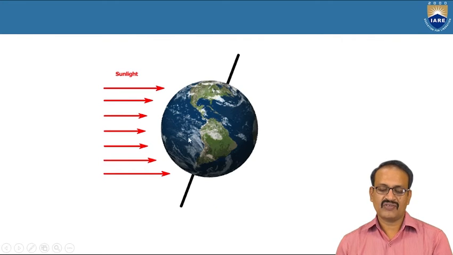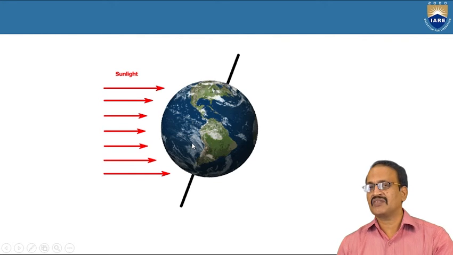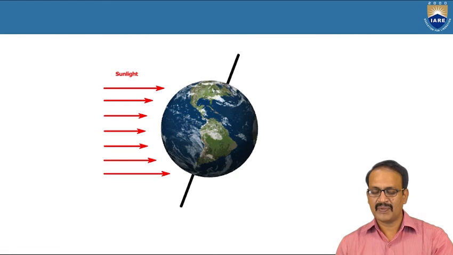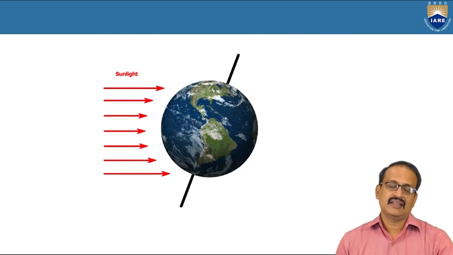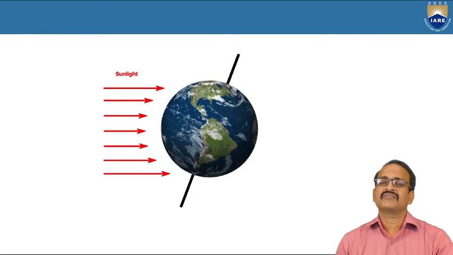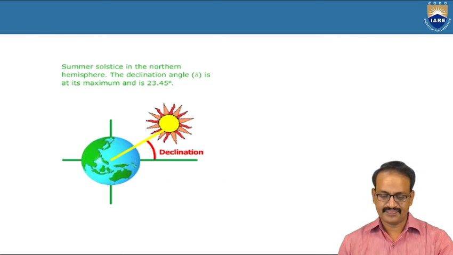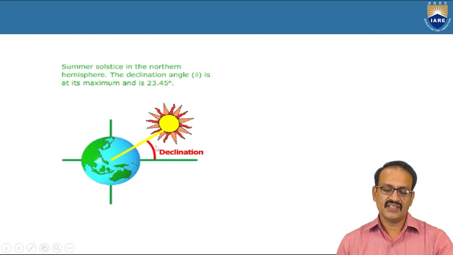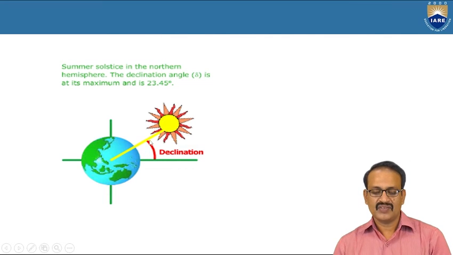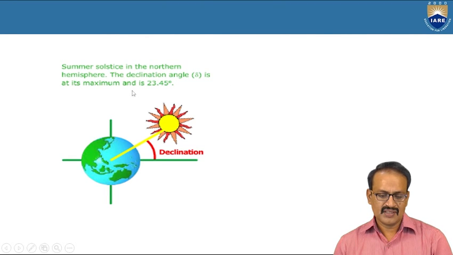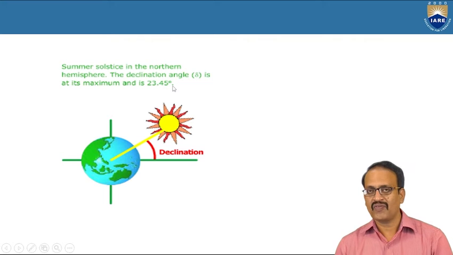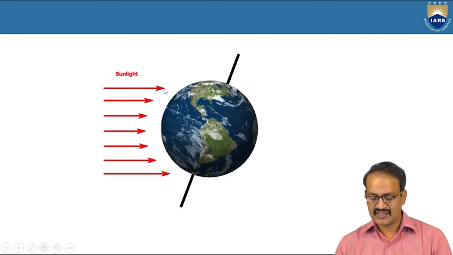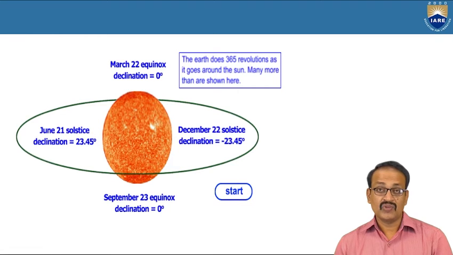Actually, if the angle is 0, the rays will fall exactly perpendicular to the surface of the Earth. Because the Earth is inclined, they are falling at some angle. You can observe here, this is the actual sun. This is because of the inclination of the Earth, so this is the angle of declination. This is the angle of declination when it is 23.45 degrees, which happens on June 21.